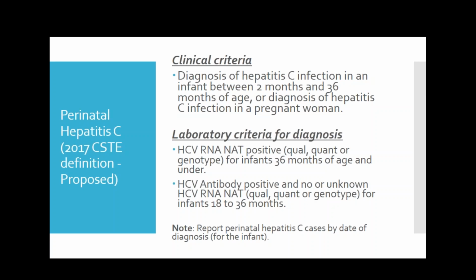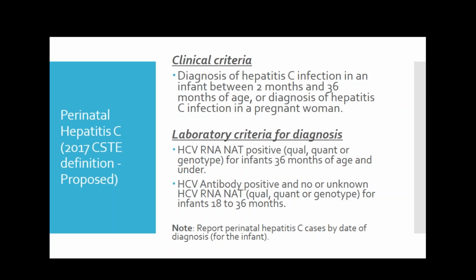So the definition is as such: clinical criteria. Diagnosis of HCV infection in an infant between 2 months and 36 months of age, or diagnosis of HCV infection in a pregnant woman.